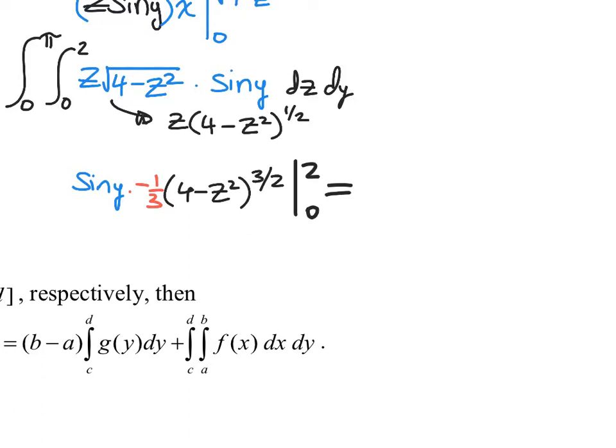All right, because we integrated with respect to z, so that's the only thing we're substituting in for. So all I have to do is plug in the 0 for z, and I'll get my results. So sine of y, it's subtraction of a negative, so that's going to a positive. 4 minus 0 is 4, to the 3/2 is 8, so we're looking at 8/3, right?